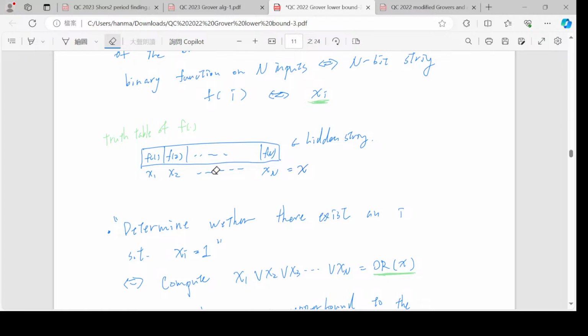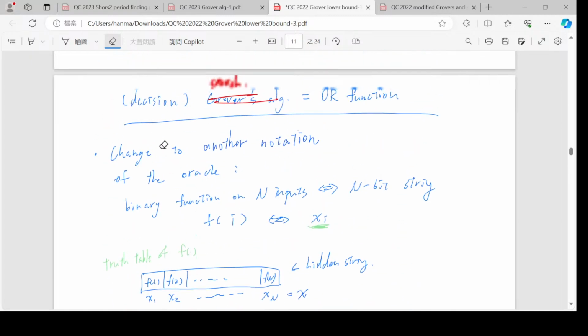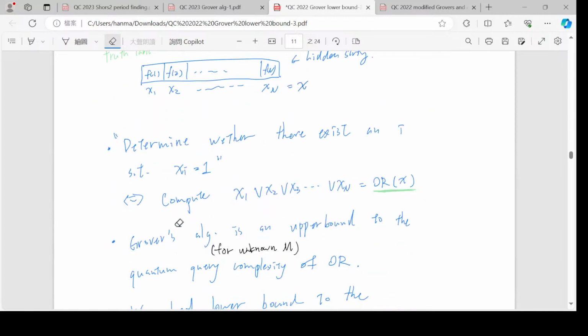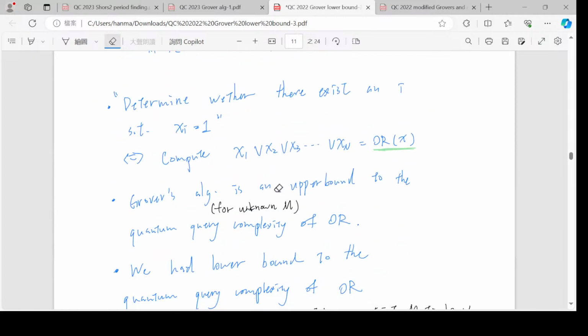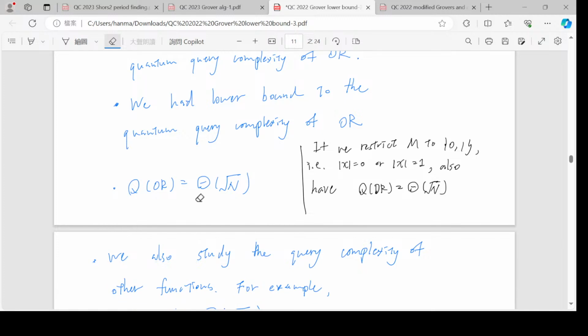So if you think about a function on this truth table, then we can say this decision version of search is just computing the OR function of the truth table. And then, very theoretically, we can say the quantum query complexity of the OR function is big theta of square root n, because we have an upper bound by using Grover's algorithm. Grover's algorithm will solve this in square root n time.